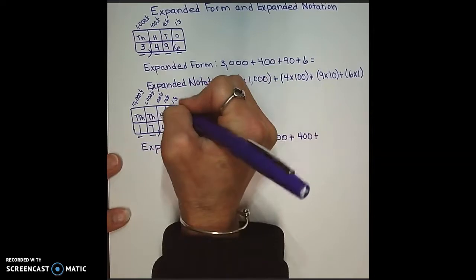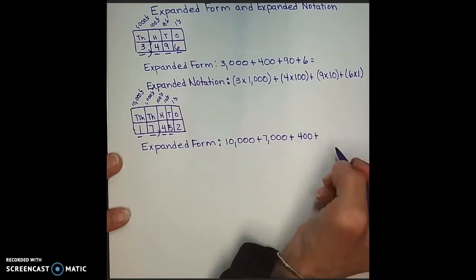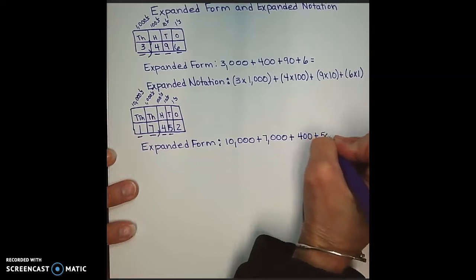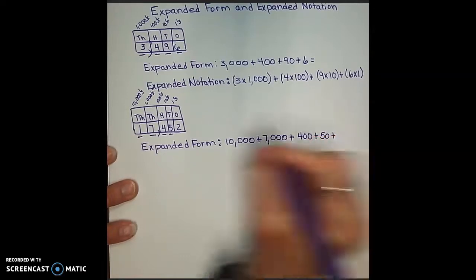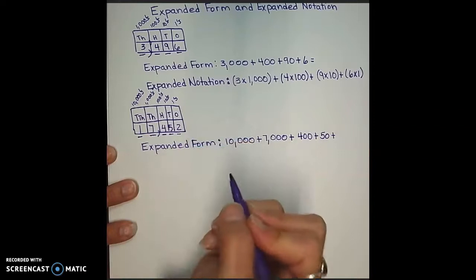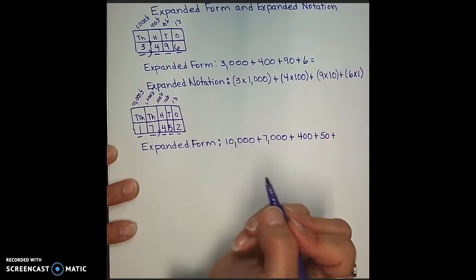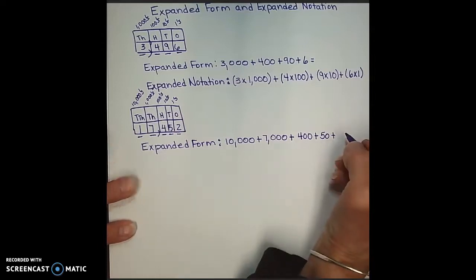I have 5 10s, so that tells me the value of my tens place is 10, 20, 30, 40, 50. Put my plus sign. I move to my ones place. I have 2 1s in the ones place, so I know my value is 1, 2.